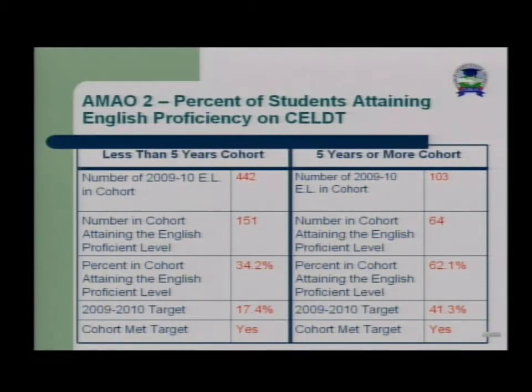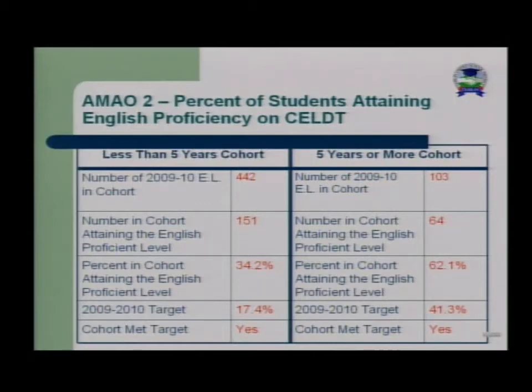So you can see here that in the less than 5-year cohort, we had 442 students. We had 151 who actually met that objective, which meant that 34% met the target. And actually the target was 17.4. So we're really exceeding the state target.